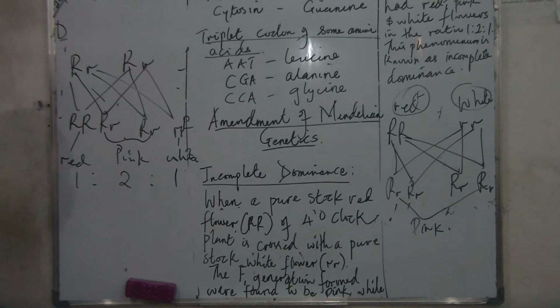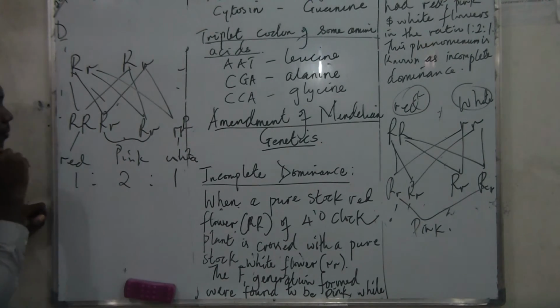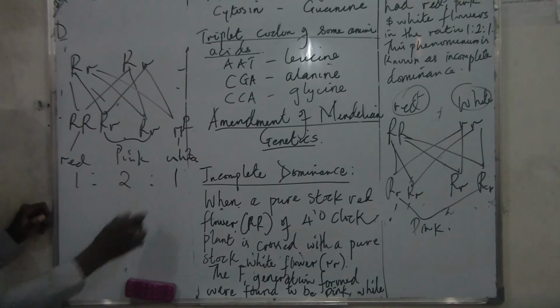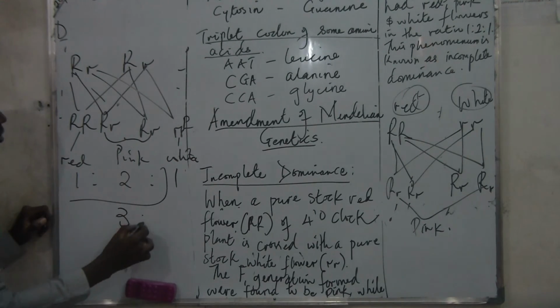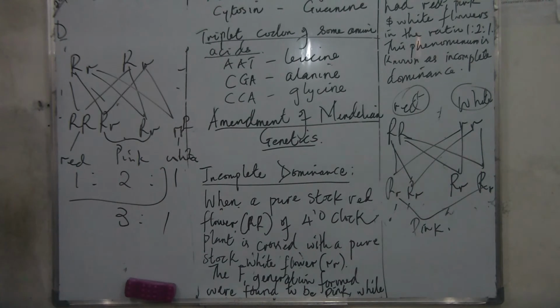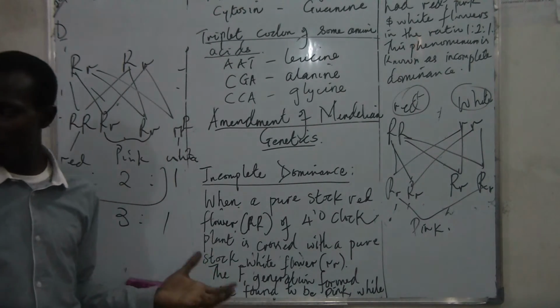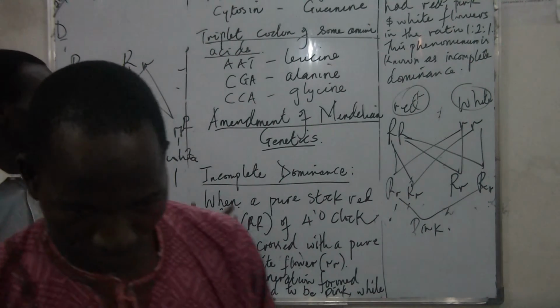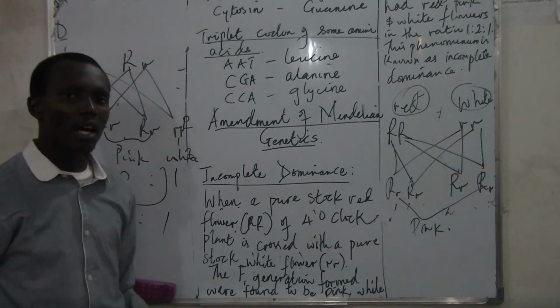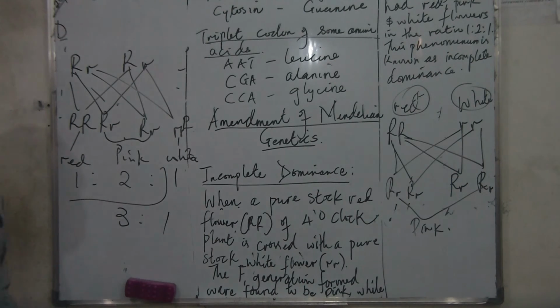Unlike the Mendelian crossing, which will tell you that the phenotype that will be formed will be what? 3:1 according to Mendel. So this was a deviation from the Mendelian genetic theory, and that's one of the amendments, incomplete dominance. The next thing we're going to be looking at is the idea of co-dominance.